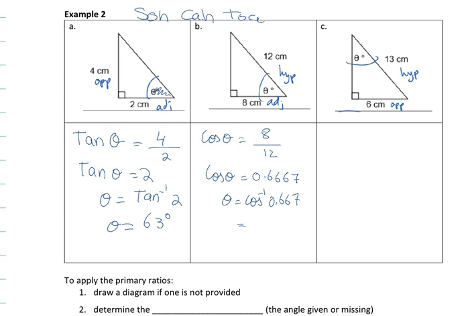Because it's 0.666666, it keeps going, right? So I have to round to the 4th decimal place. I'm looking at this one because there's a 6 after it, and 6 is above 5, then I have to round this up to 7.